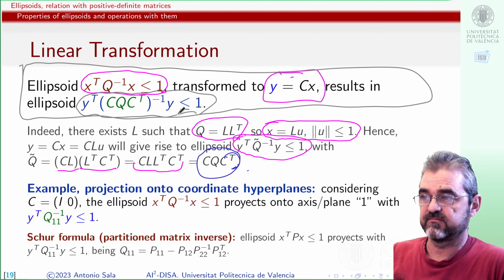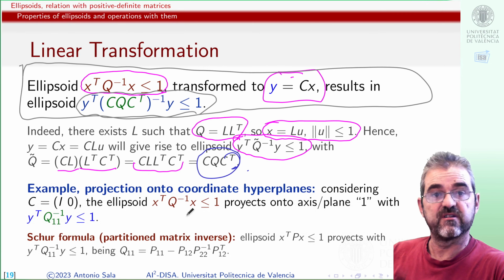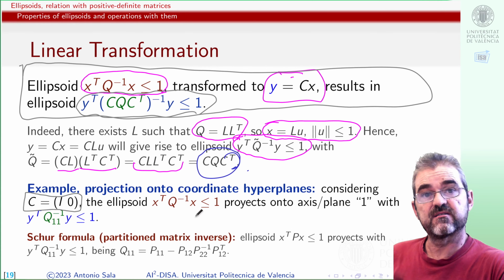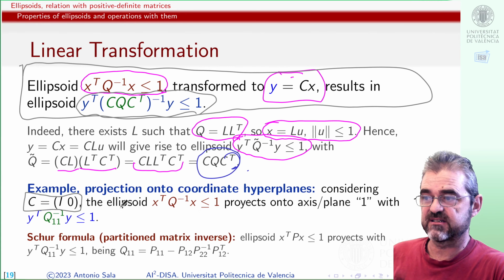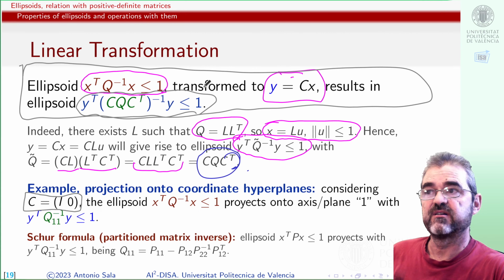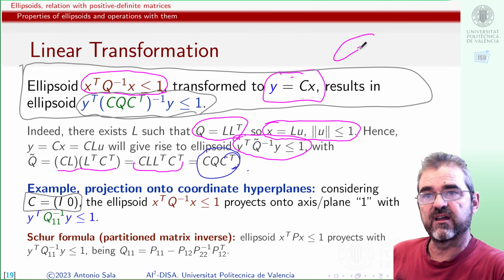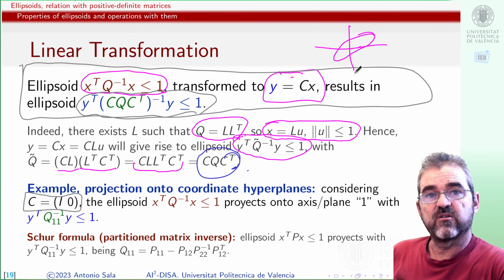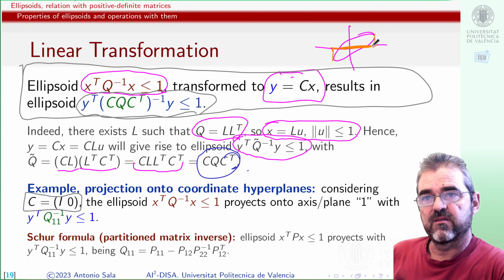So for instance, if I have an ellipsoid given by Q and I wish to project it onto the horizontal axis, multiplying everything by 1, 0, so keeping only the x1 coordinate, so I have this ellipsoid. And if I multiply every vertical component by 0, then I would get this projection of the ellipsoid.